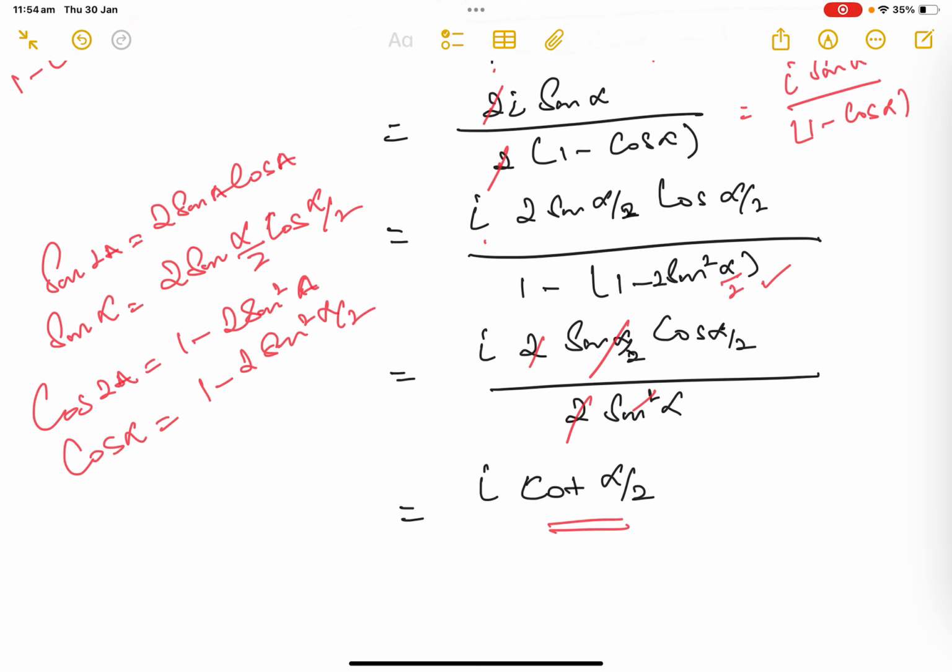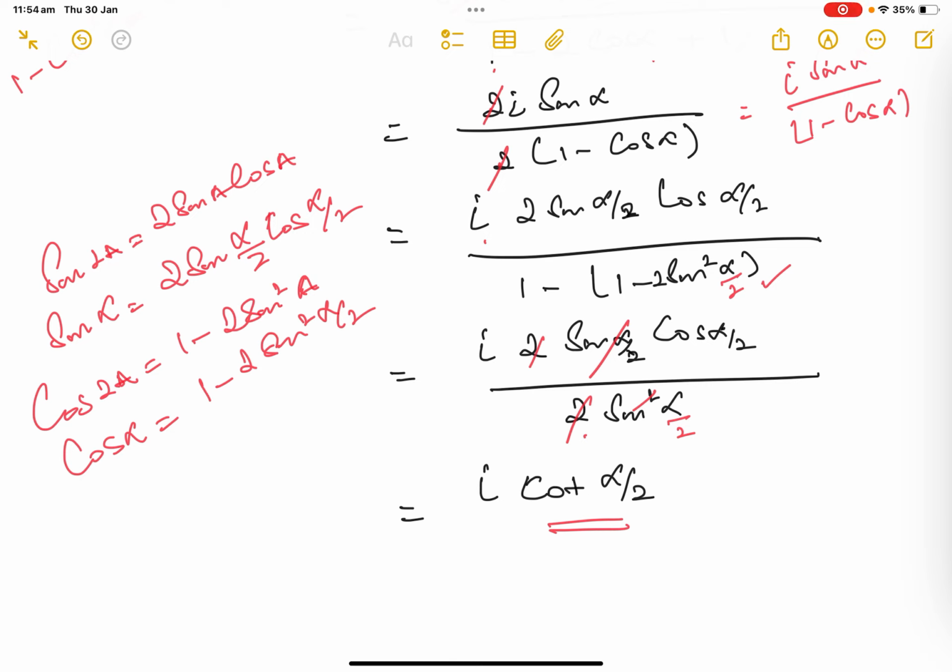The denominator has 1 minus 1, and minus times minus is plus 2 sin squared alpha by 2. The 2 cancels out, and sin squared alpha by 2 over sin alpha by 2, one of them cancels out.